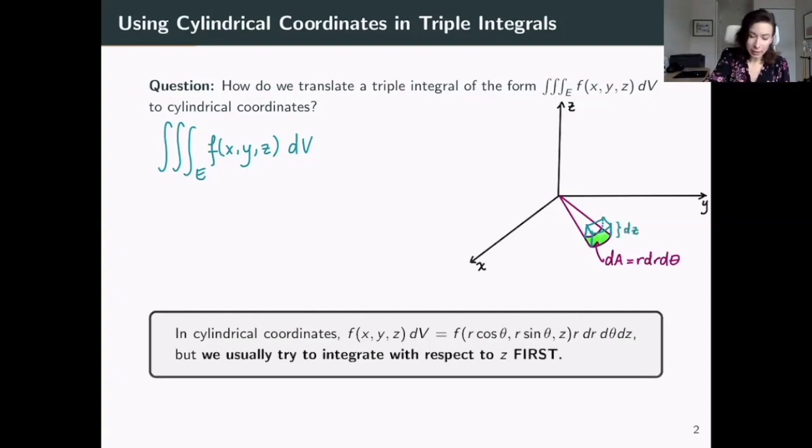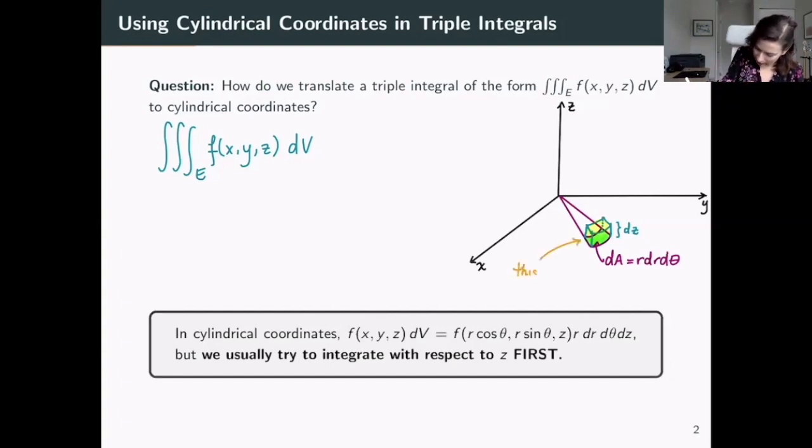This entire volume, now colored in yellow, is going to be my dV. So in total, we have that our dV.